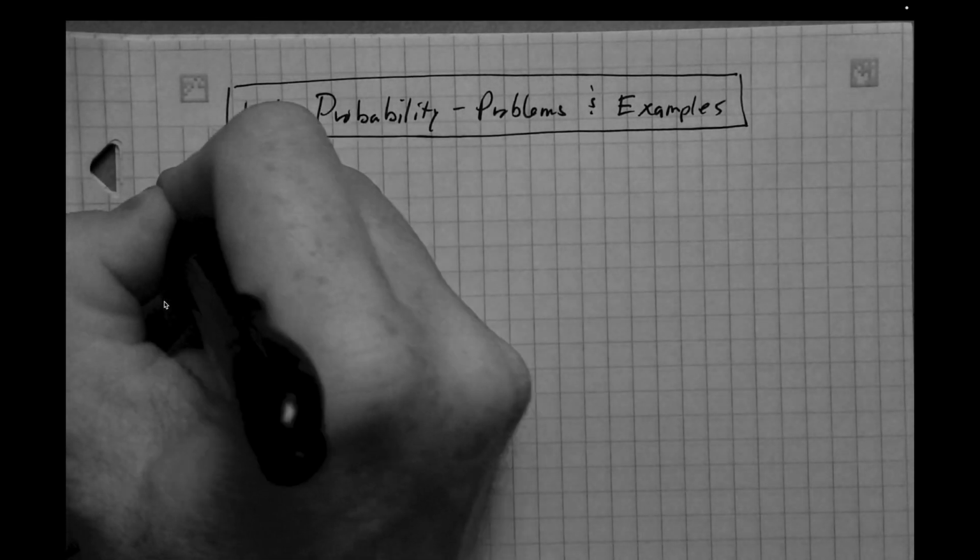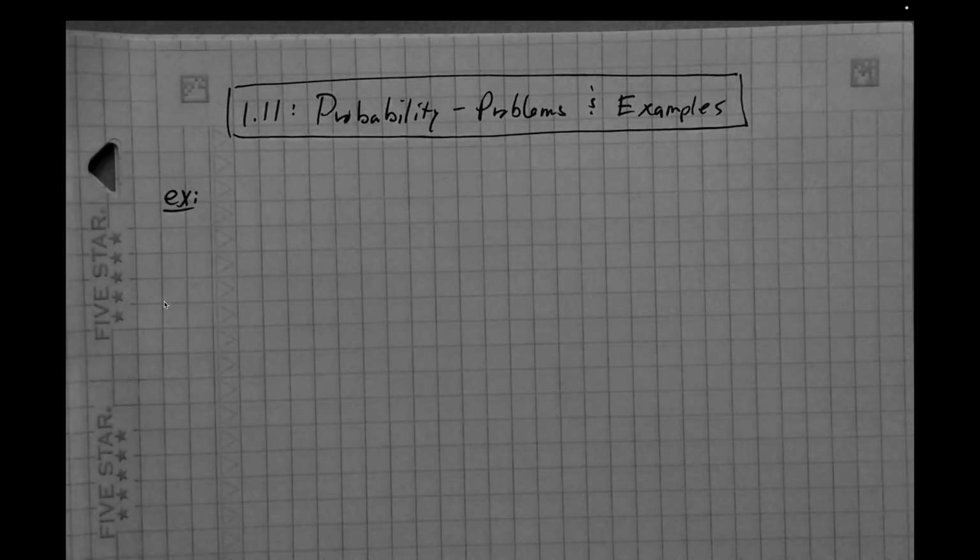The first example is a combinatorics, counting example. A lot of them are actually. This one involves a deck of cards. Here I'll just read it out. A standard deck has 52 cards.